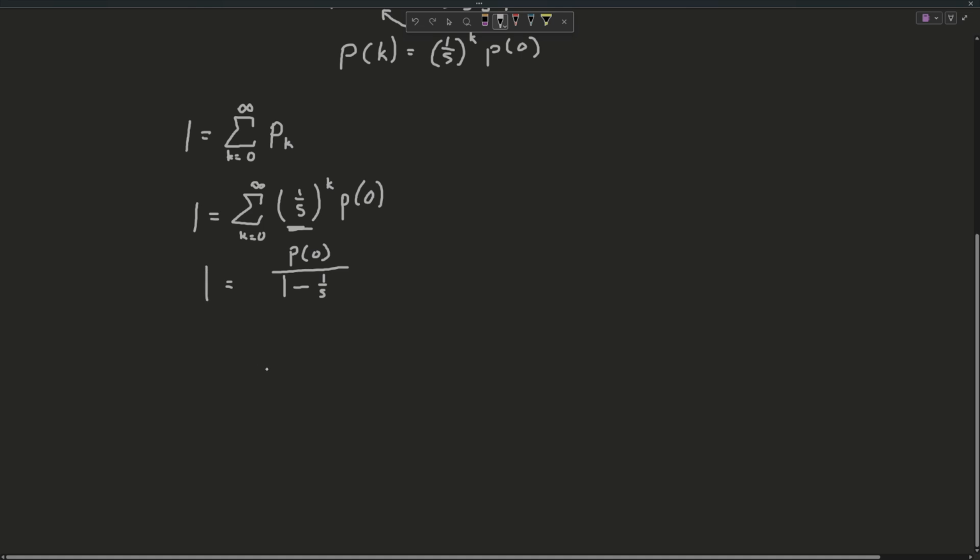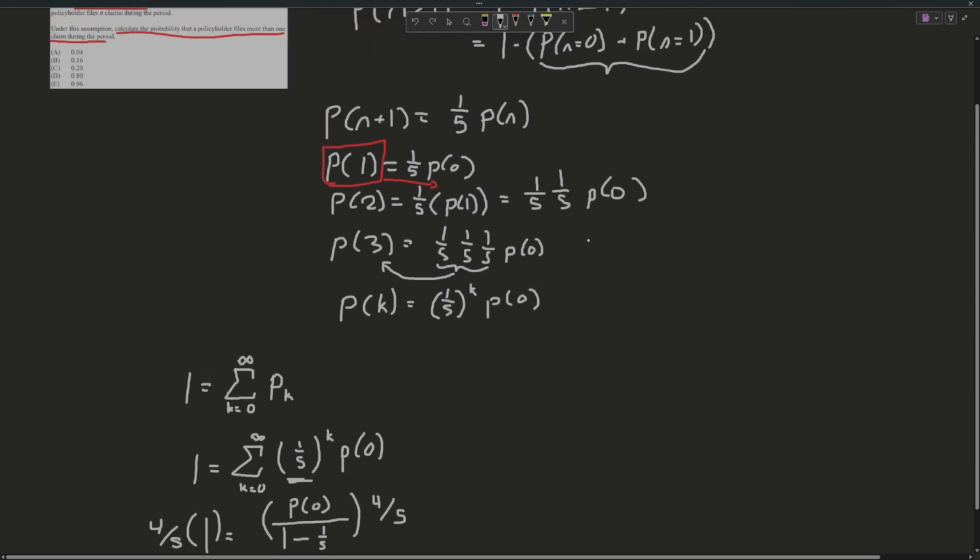And that's equal to 1. Our denominator goes to 4/5, and we're trying to solve for p of 0, so we're going to multiply both sides by 4/5. And we see that our p of 0 is equal to 4/5.